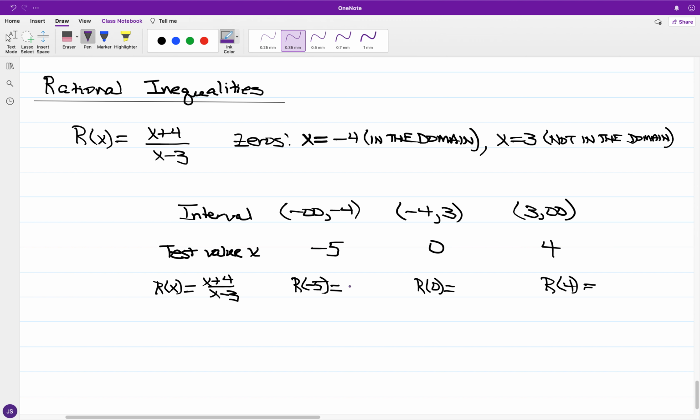So r of -5 becomes positive 1/8. R of 0 becomes -4/3. And r of 4 comes out to a positive 8.